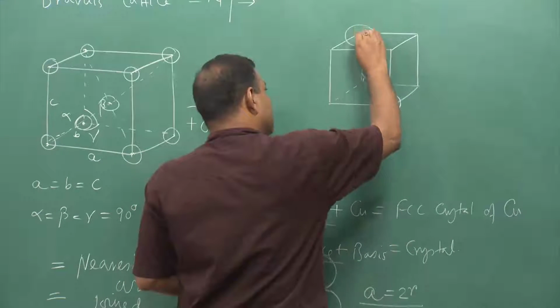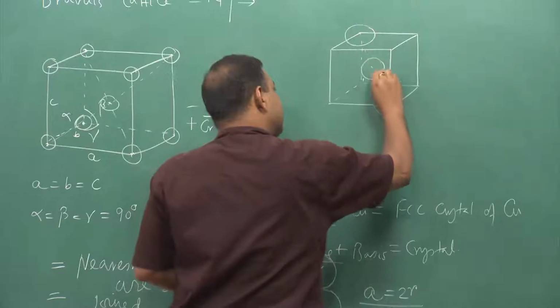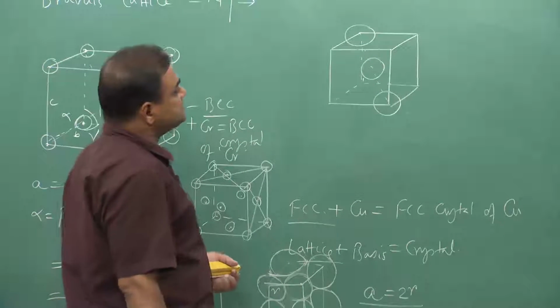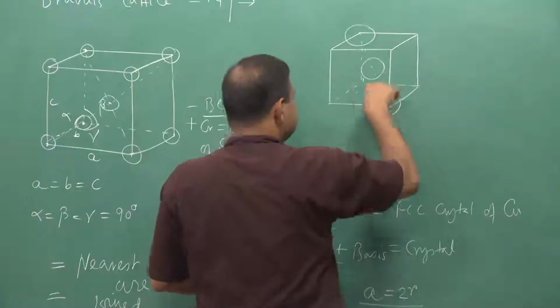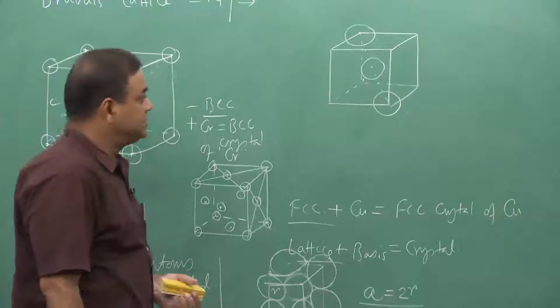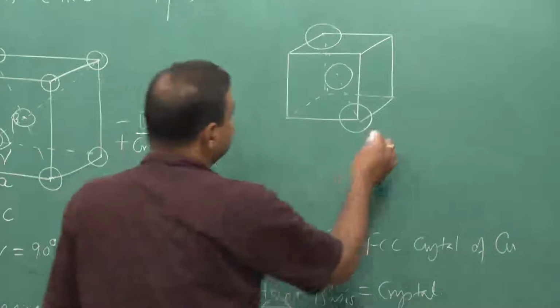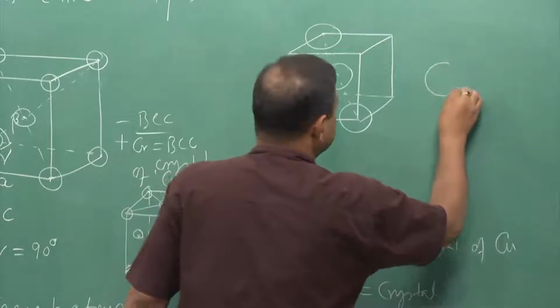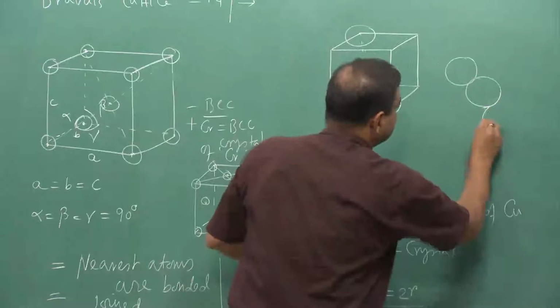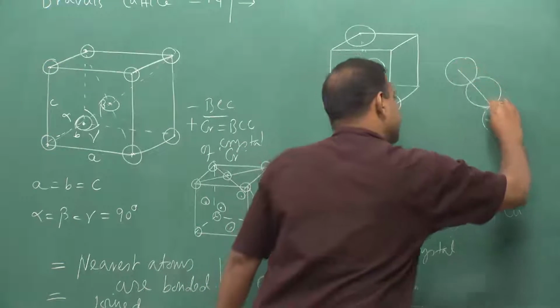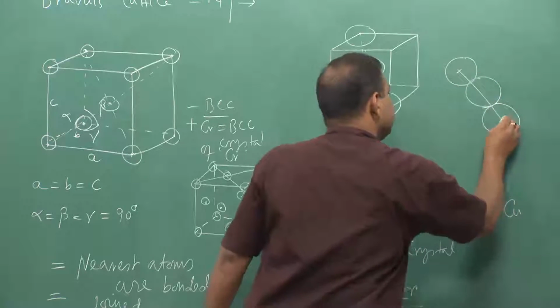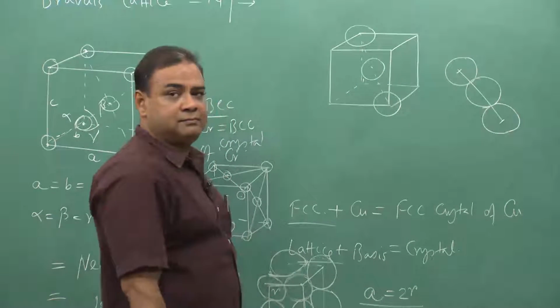So, this is my body diagonal passing through the center of all 3 spheres, and these 3 spheres are connected to each other. If we connect this, this is the length of the body diagonal.